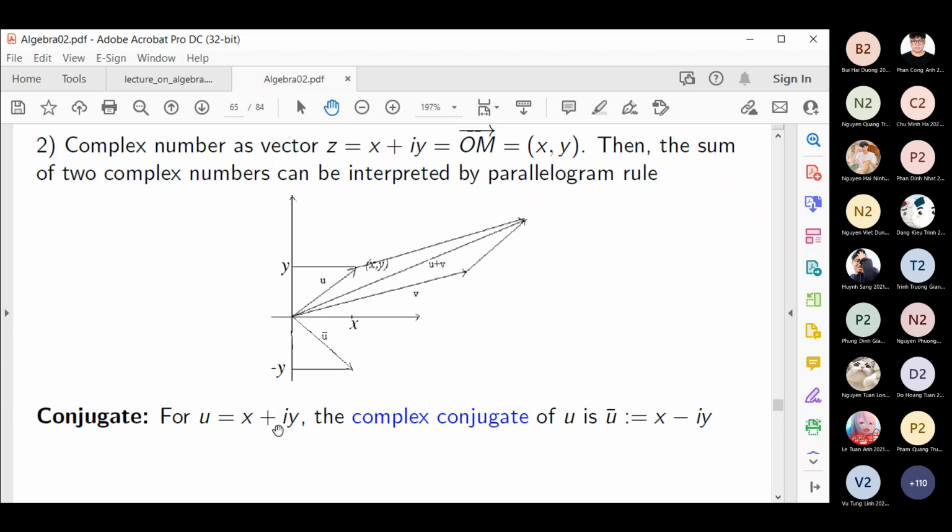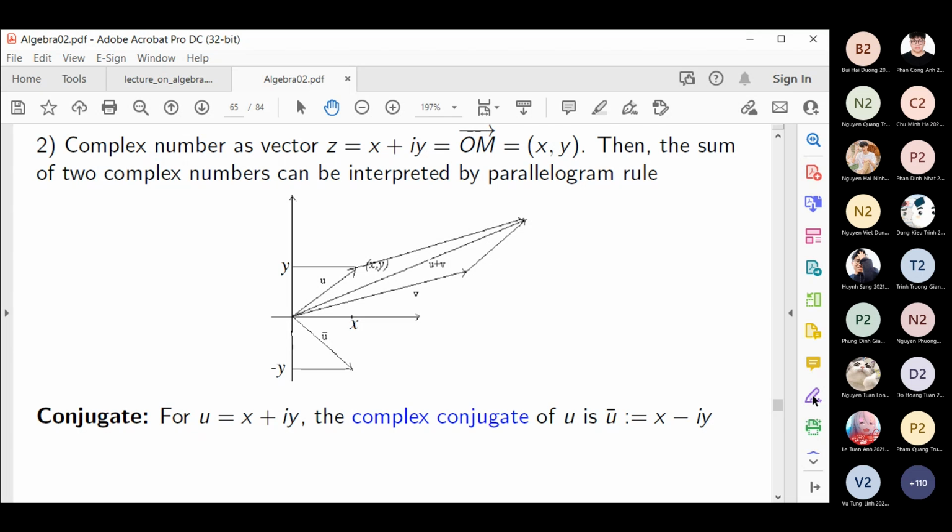For u equal x plus iy, so I write here another letter. For u as a letter, you can use any letter you like. So the complex conjugate of u is simply u bar, which is equal to x minus iy here. So it is the symmetry of u across this horizontal axis.